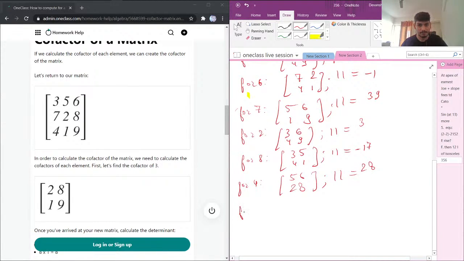Then for 1, this row and column will be blocked, so we have 3, 6, 7, 8. The determinant will be 3 times 8, 24, minus 6 into 7. This will give us minus 18. Then for the last one we have 9.